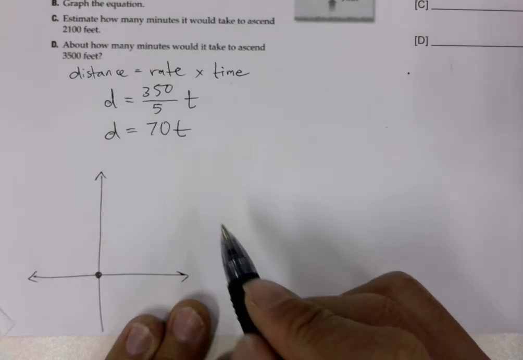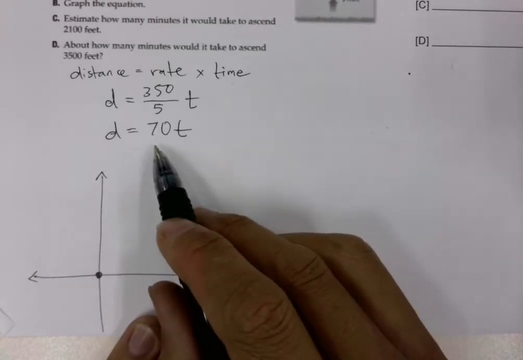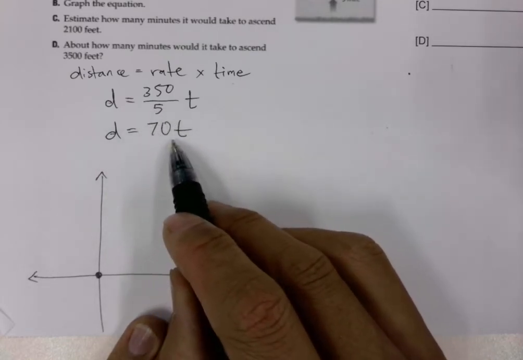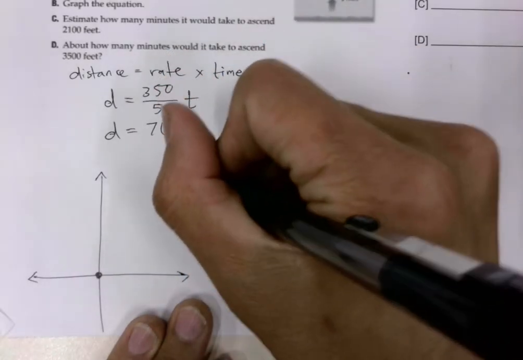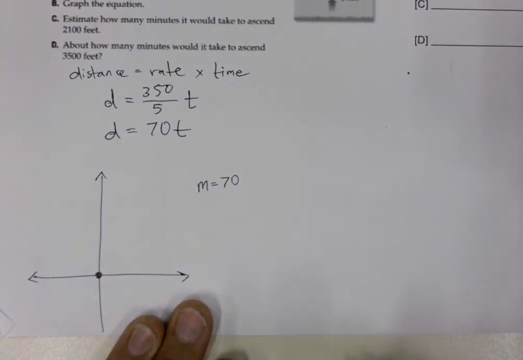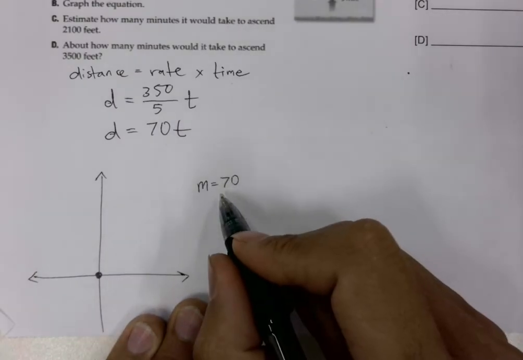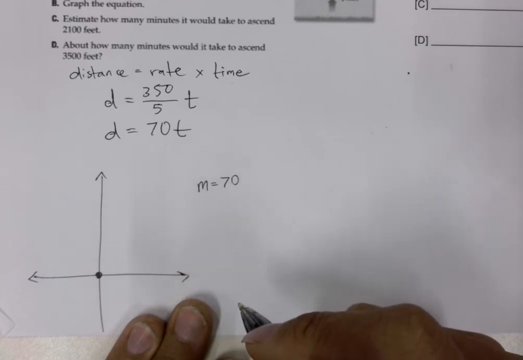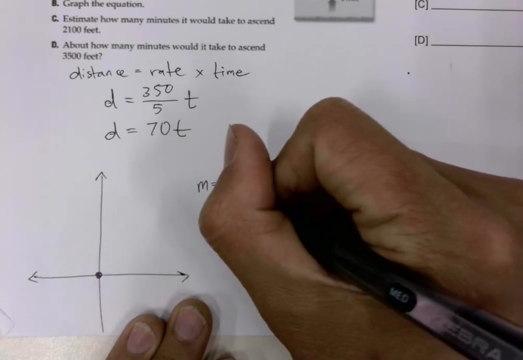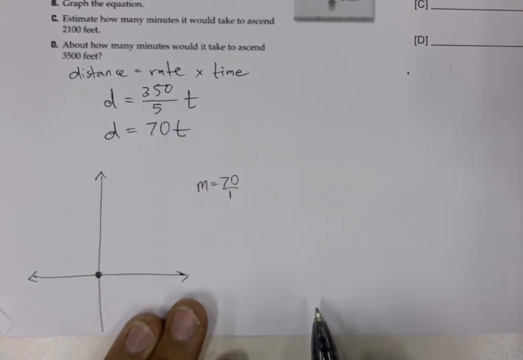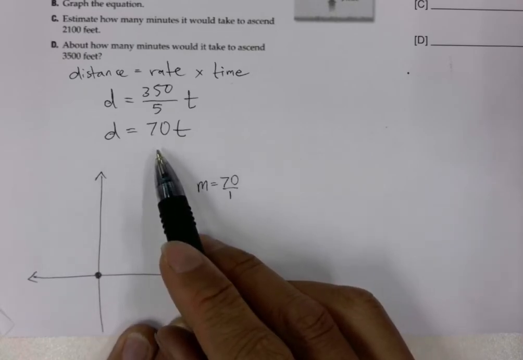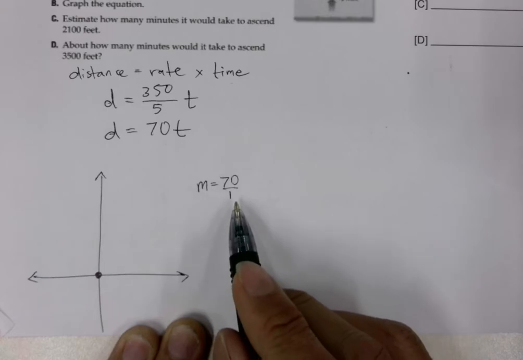Also remember that when we have a direct variation, our k, our 70, is equal to the slope. M is equal to 70. And remember, when our slope is a constant value, not a fraction, we can put a 1 underneath it. So the slope of our direct variation is going to be 70 over 1.